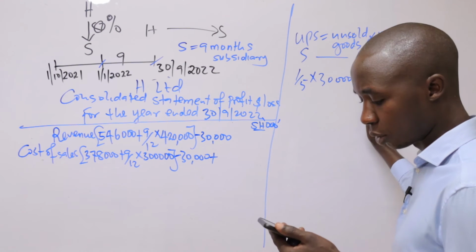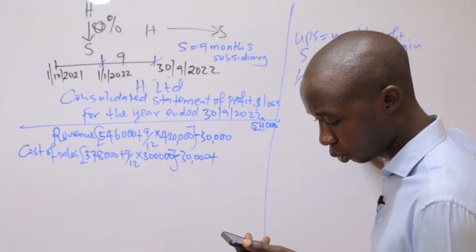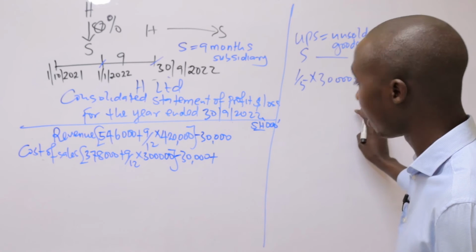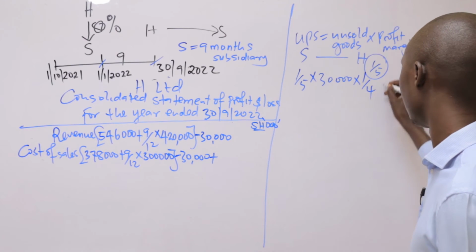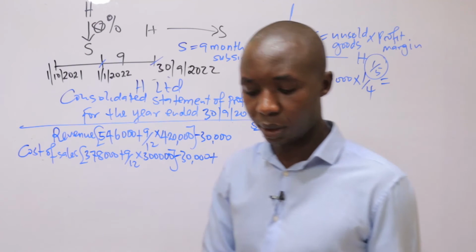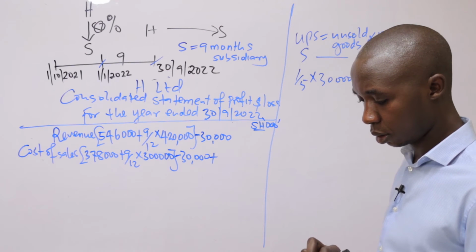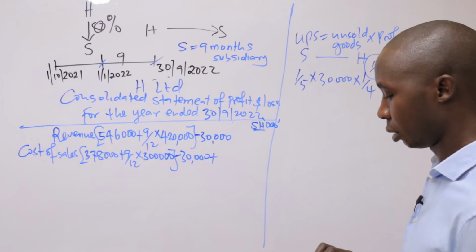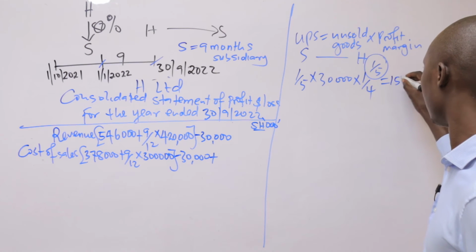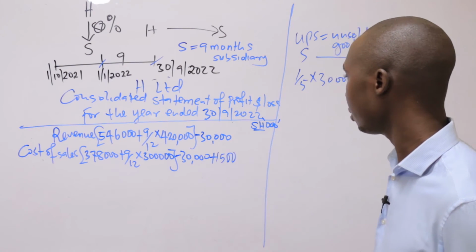So remember that when S was selling the goods to H, according to note 2, he made a profit margin of 25%. That is a quarter. So if I use my calculator here, I just take 30,000, I divide by 20. So this is 1,500. So that is what we add here.